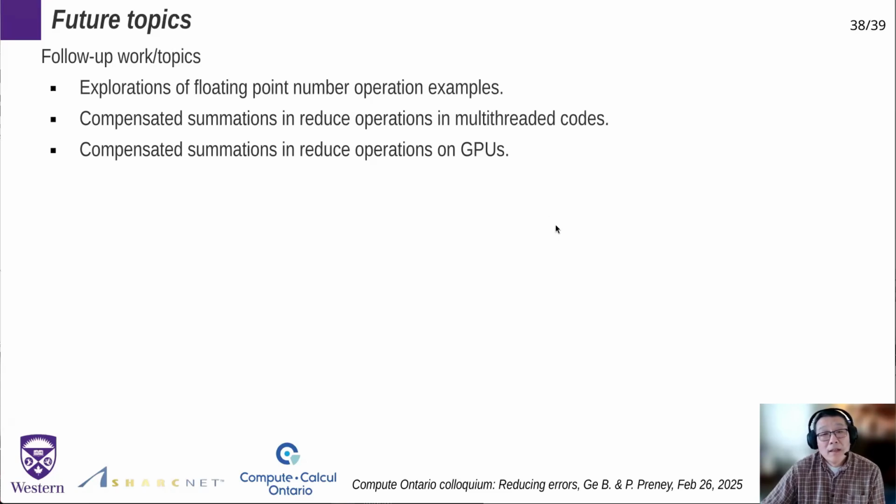We've seen examples in MPI and multi-threaded code using OpenMP. And my colleague, Paul Prini, is going to look into more complicated examples. We might also want to look at compensated summation in reduce operations on GPUs as well.